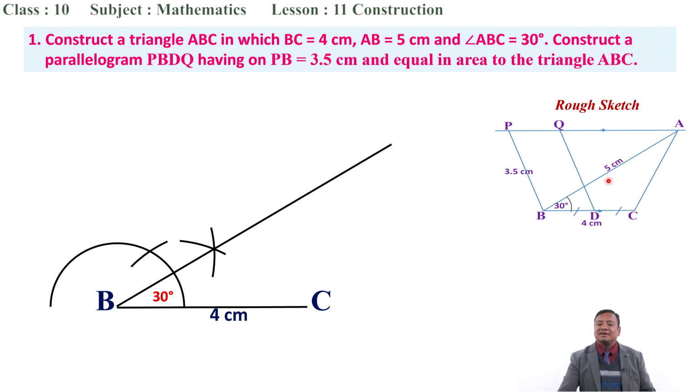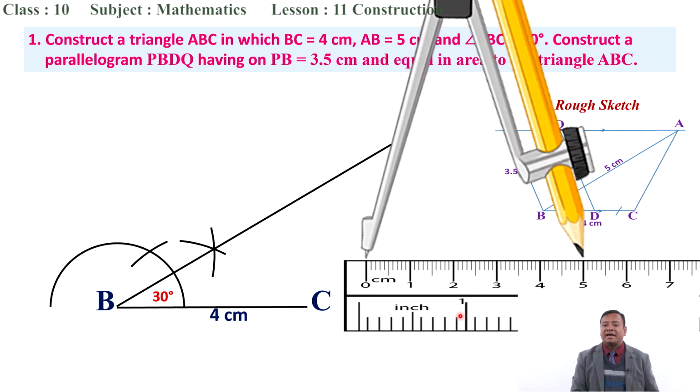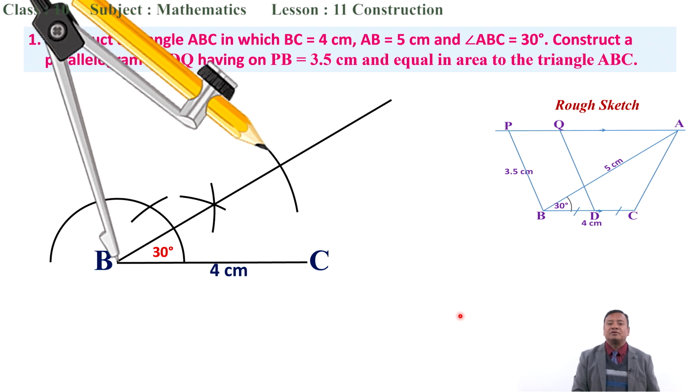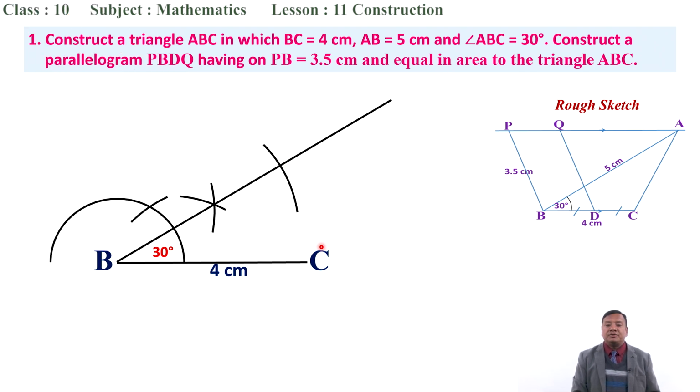And after this, you can see here the length of side AB is given here as 5 centimeter. So with the help of ruler and compass, you better measure this way. Here is 5 centimeter. First of all, you measure this, and then through the point B, we have to cut on the line which we just made at 30-degree angle, and then this point you can call A, right?